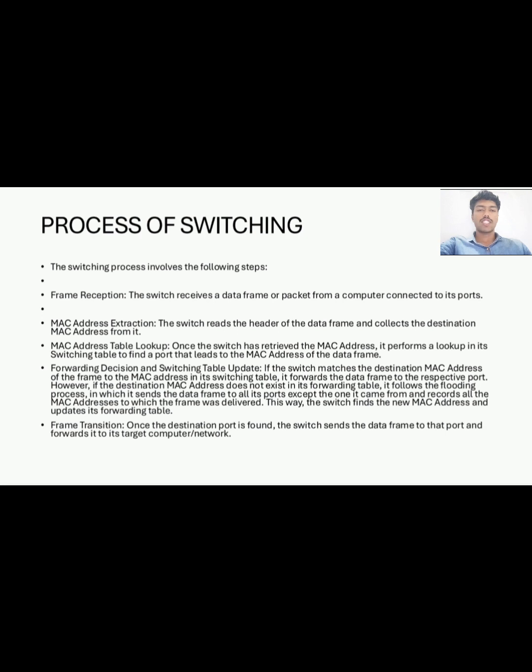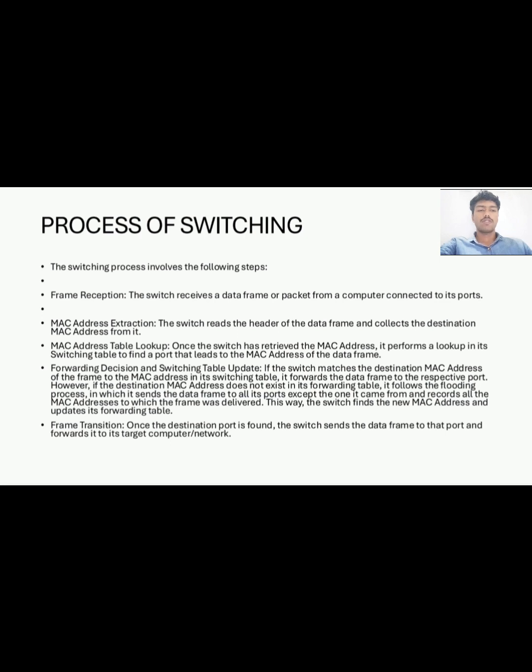However, if the destination MAC address does not exist in its forwarding table, it follows the flooding process, in which it sends the data frame to all its ports except the one it came from and records all the MAC addresses to which the frame was delivered.